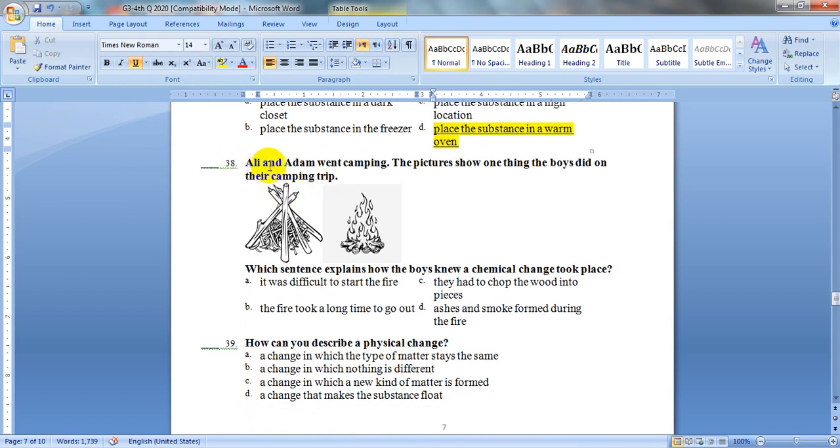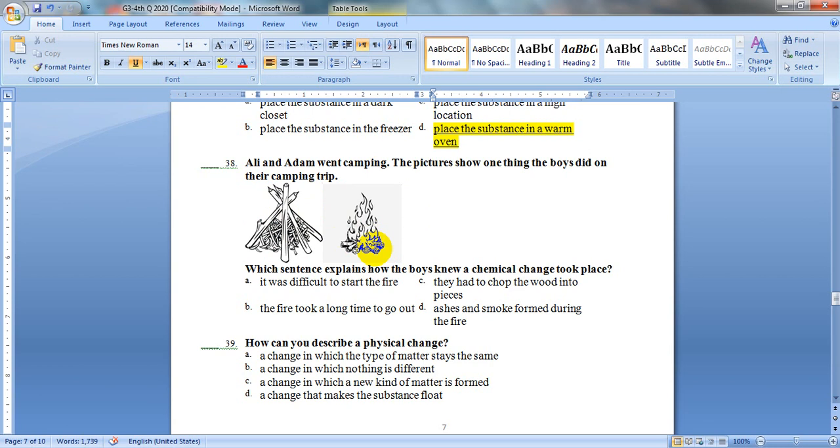The next question, 38. Ali and Adam went camping. The pictures show one thing the boys did on their camping trip. Which sentence explains how the boys knew a chemical change took place? Here, it was wood. Then, when you burn the wood, a chemical change happened.